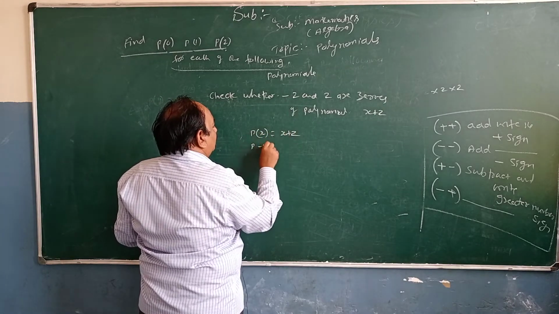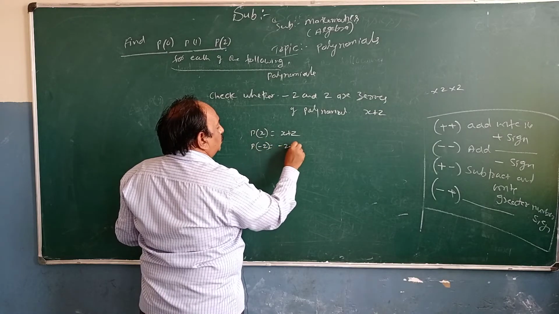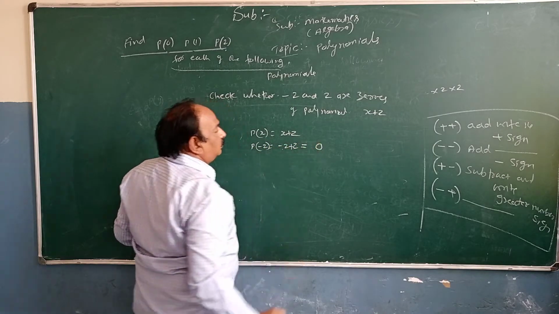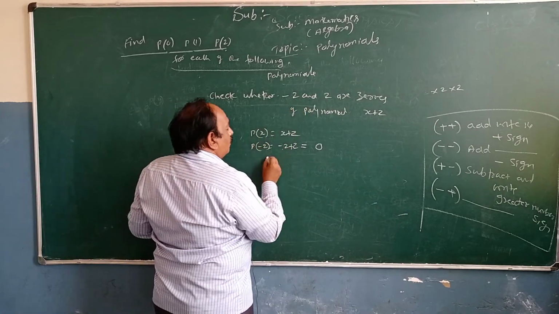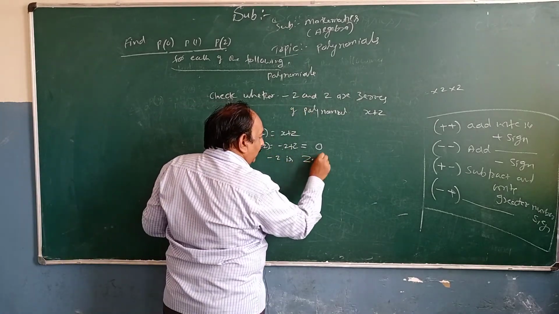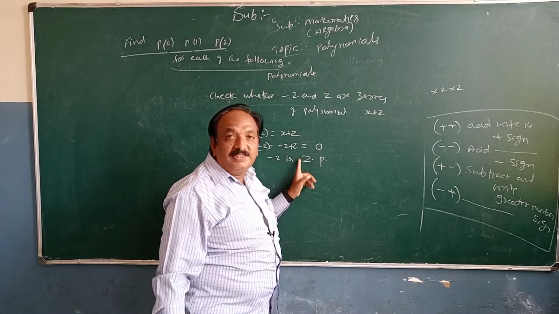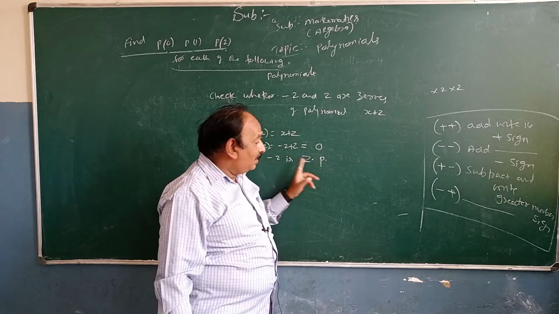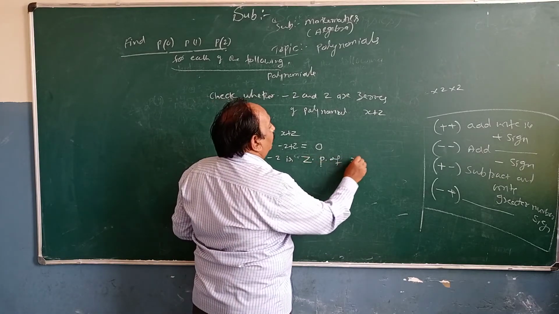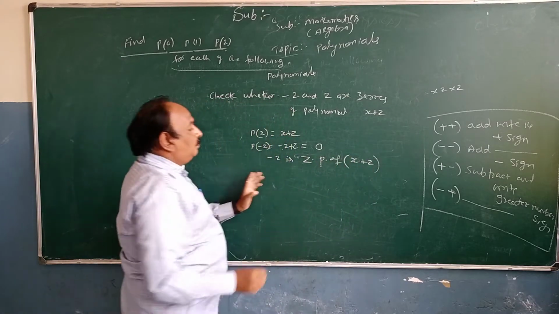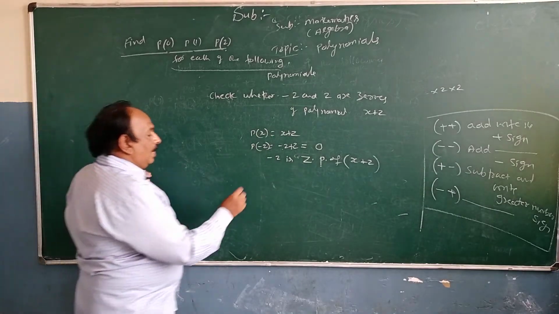Minus 2, polynomial of minus 2: minus 2 plus 2. What is minus 2 plus 2? 0. When we get the value 0, minus 2 is a zero of the polynomial. Minus 2 is a zero of x plus 2.